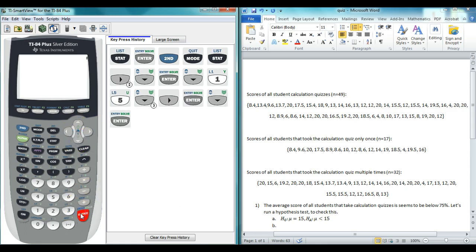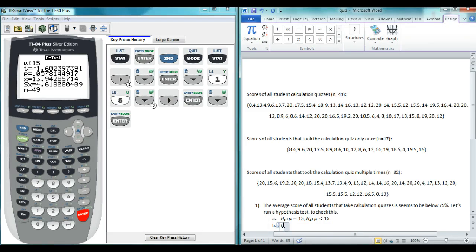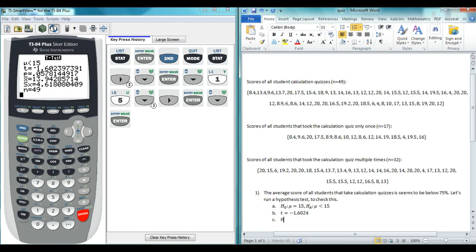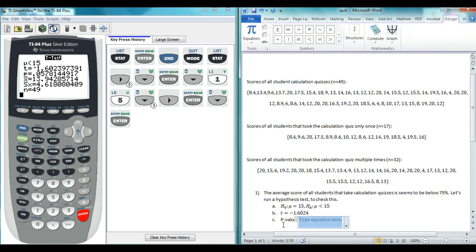When I calculate this, my statistic would be t equals negative 1.6024, and the p-value is 0.0578.